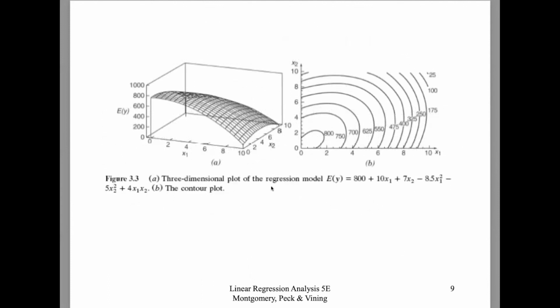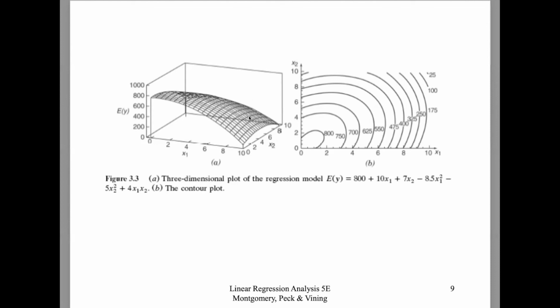All right, and so here's an example where the deterministic component of a multiple regression model depends on two explanatory variables, x1 and x2, in terms of their linear components, but it also has quadratic components for x1 and x2, as well as an interaction term for x1 and x2. And so with this, you can see that you get a very general type of surface.